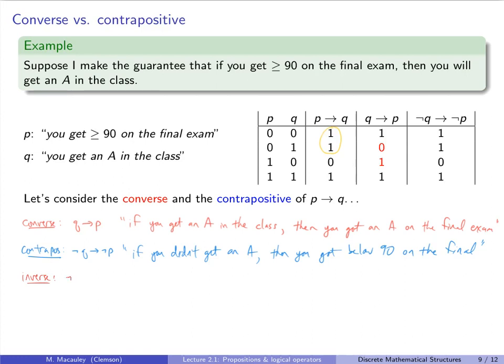So this is not P implies not Q. And this says if you get below 90 on the final, you will not get an A in the class. Which sounds a lot different than the converse, but we've already shown that they are logically equivalent.